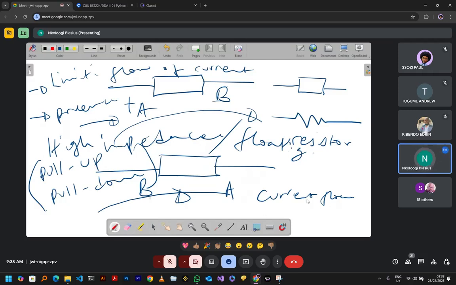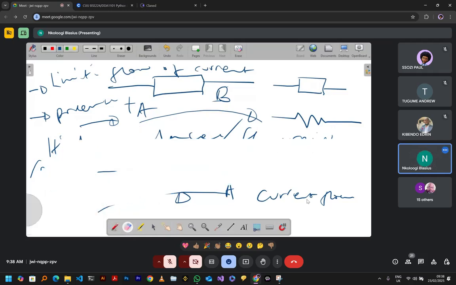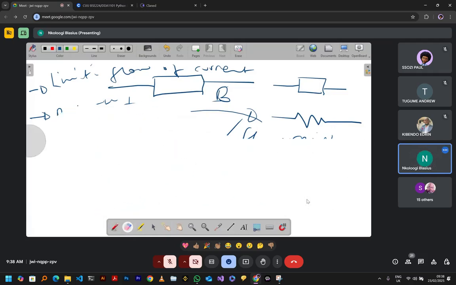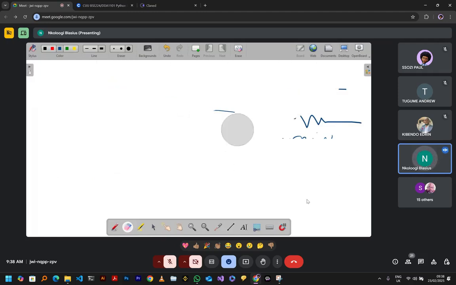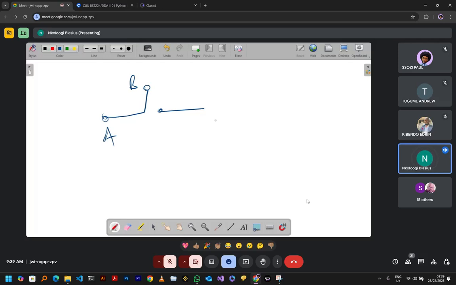Then what else? The switch. We shall also use the switch. A switch also has points like this. So just take an example that a switch is taken to be having maybe 3 terminals. This is terminal A, B, and C. So this is the input.